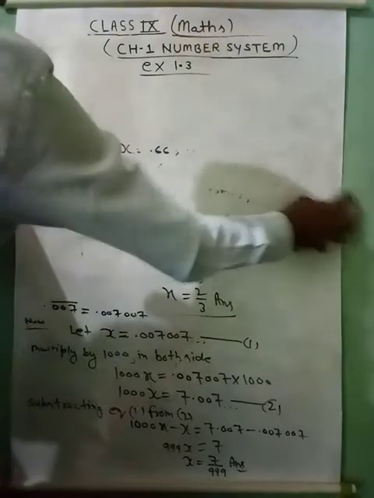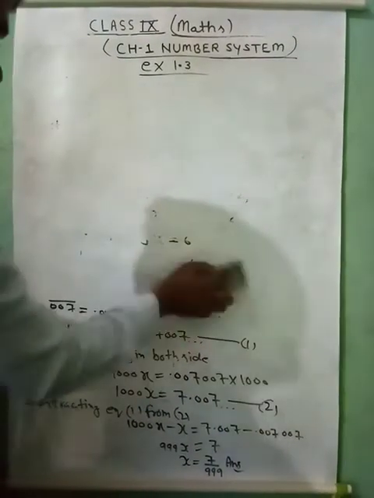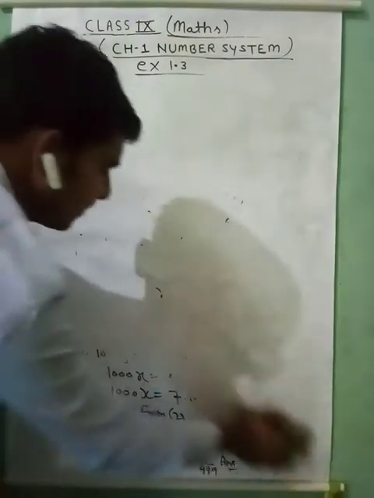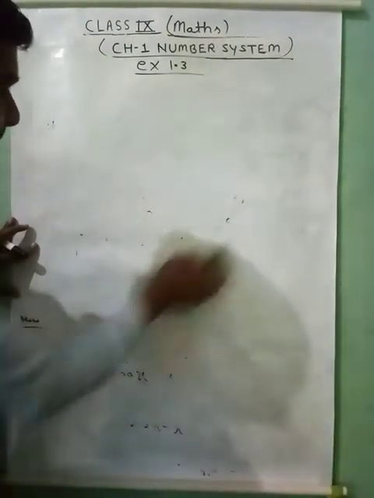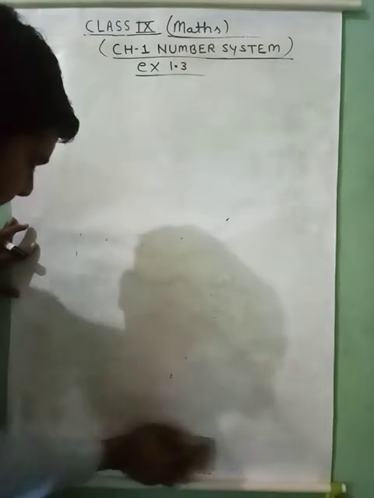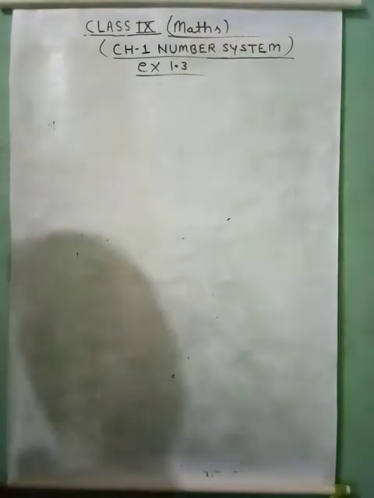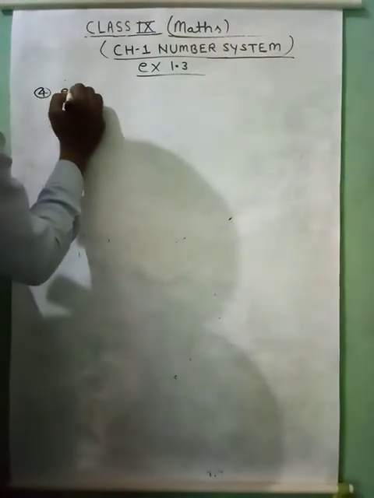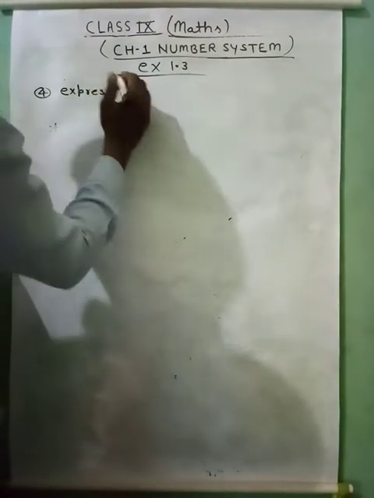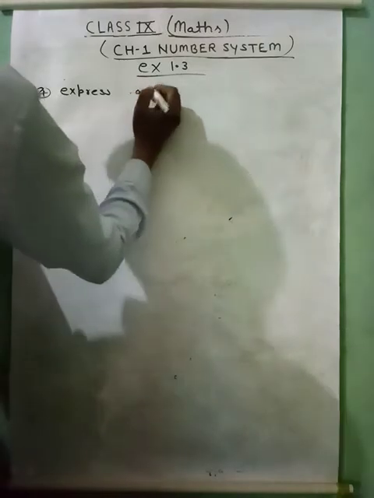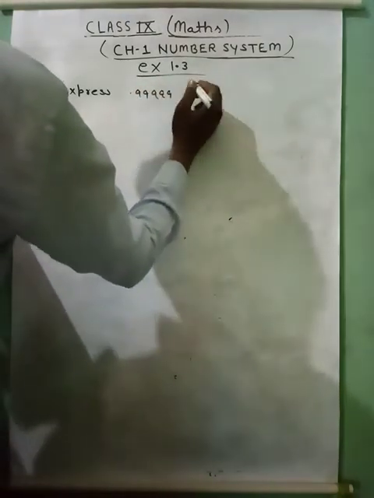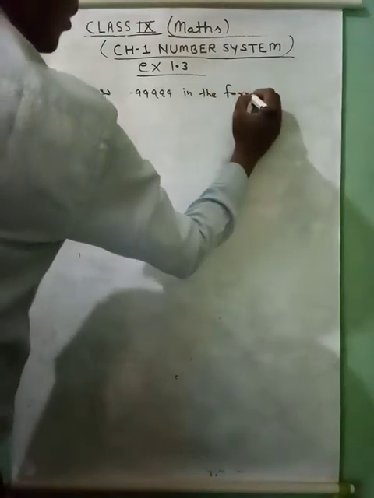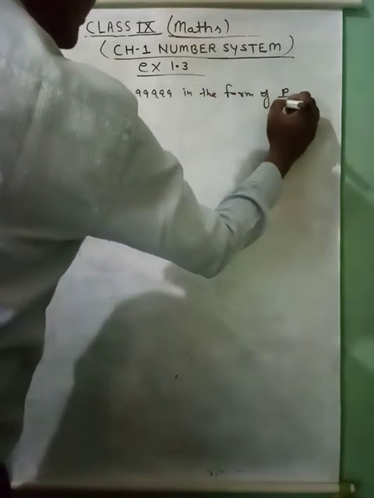Question number 4. Express 0.99999 in the form of P by Q. Clear?